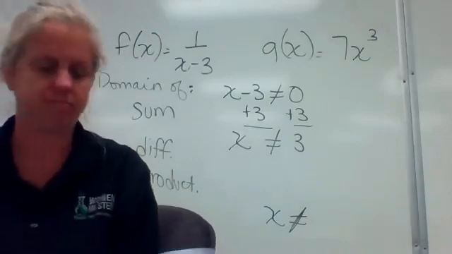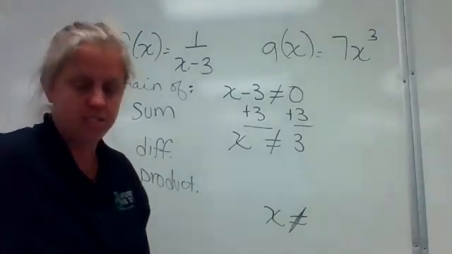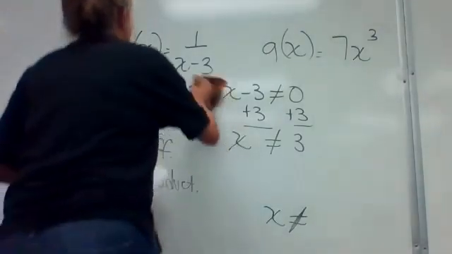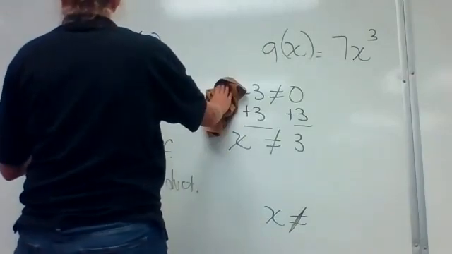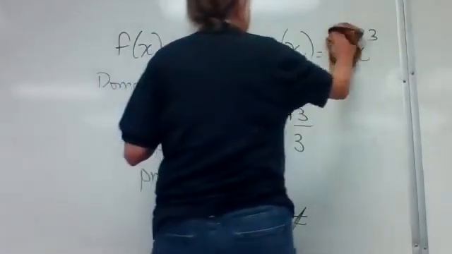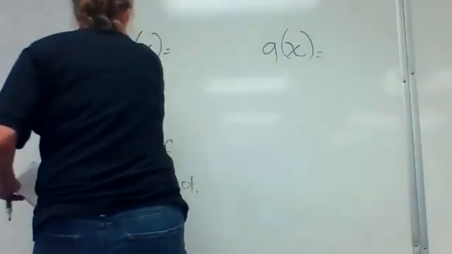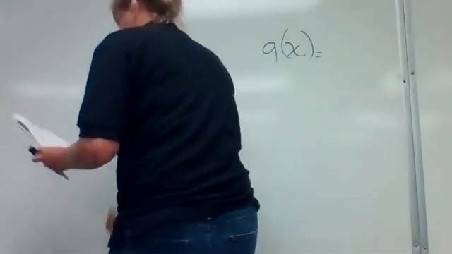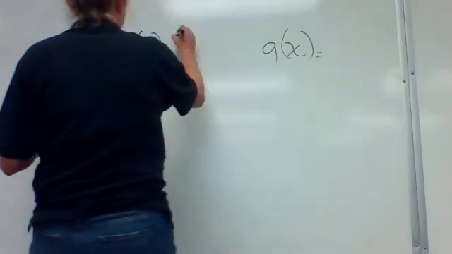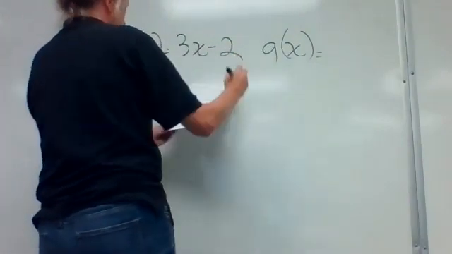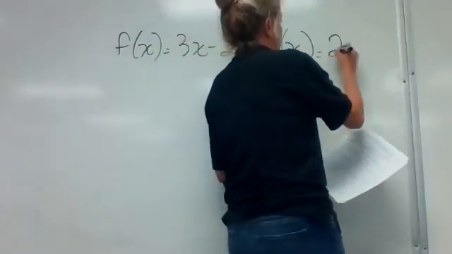All right, last one. F of x is 3x minus 2. G of x is 2x minus 14.